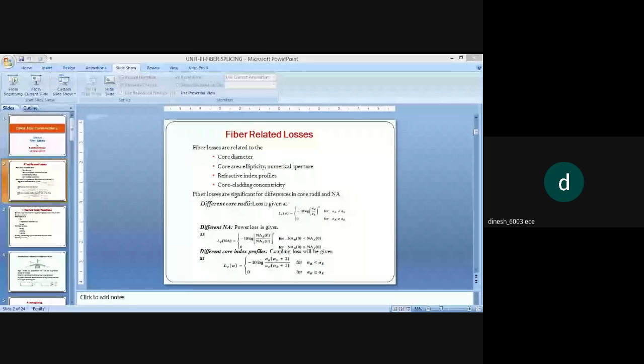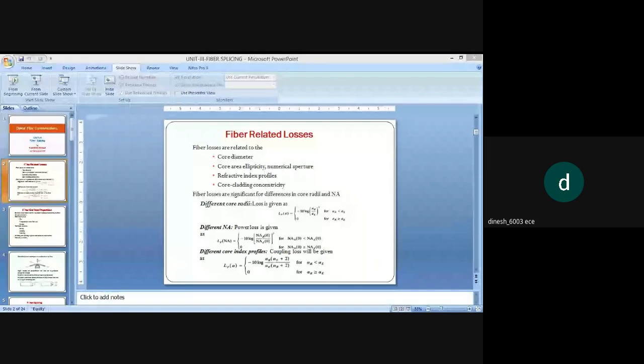So this is the fusion splice method. We have two fibers. This is optical fiber 1. This is optical fiber 2. Fiber holders are put on, micro manipulated fiber holders.